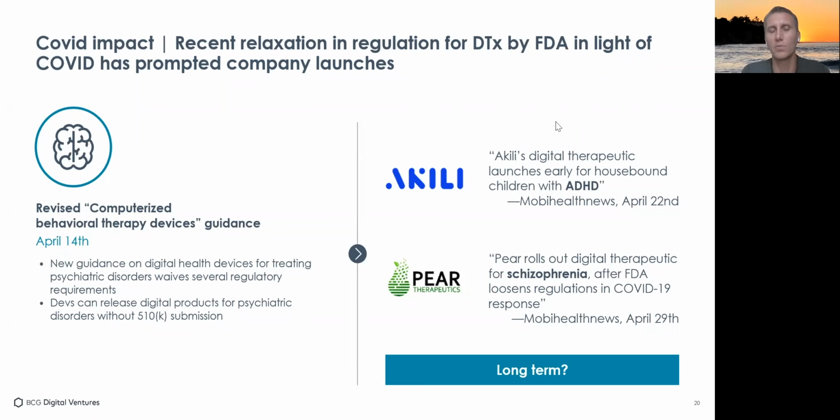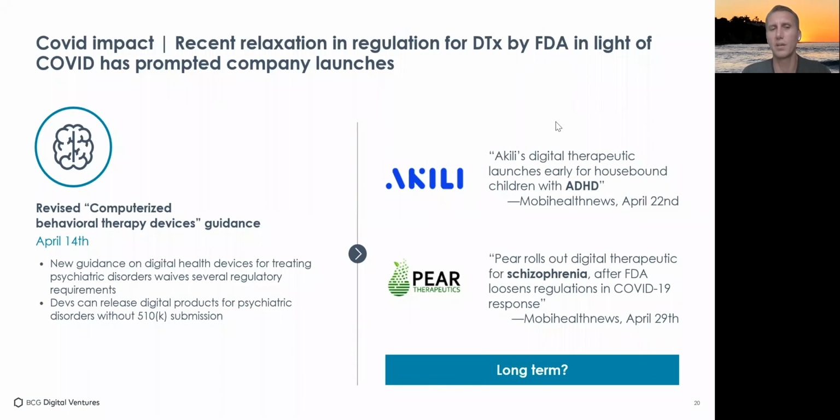They had all those processes in place. They had done enough testing with their user base through these types of similar iterative approaches that they felt comfortable actually pushing their products out into the market in order to commercialize them immediately on the heels of this changing guidance from the FDA.